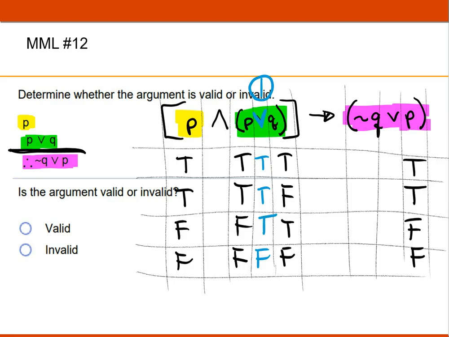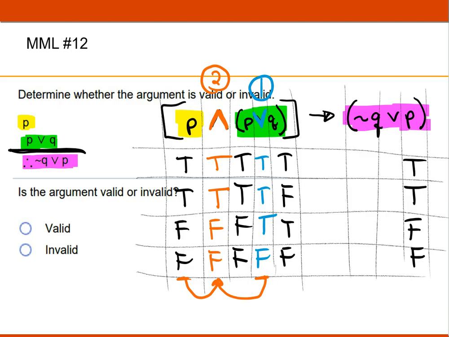And then step 2 is going to be this and. I'm going to do the and between here and there. And on an and, they have to both be true to be true.